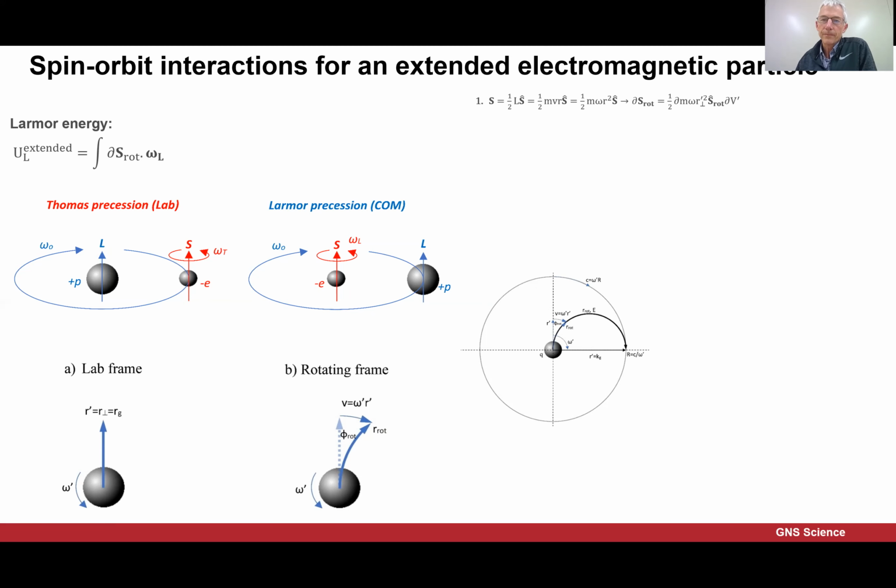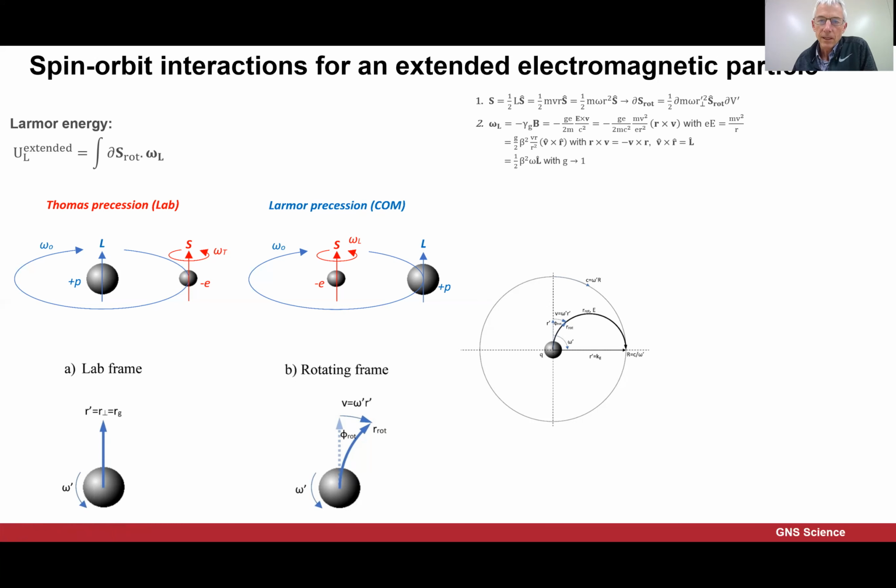So the spin element is given by half times the electromagnetic mass element, times the angular velocity, times the radius squared, times the direction of the spin vector at the various radii, times the volume element. So that is the spin element that we need to consider.